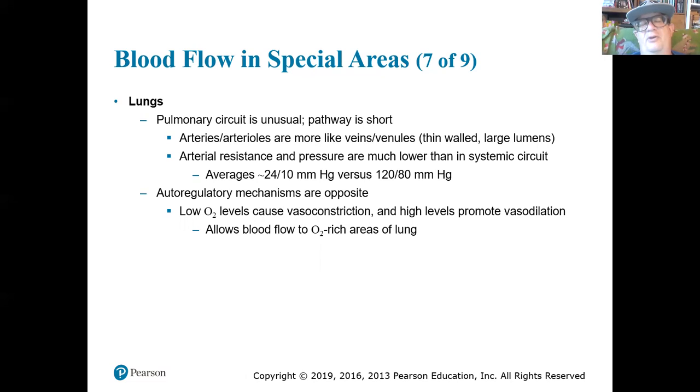Suppose someone's been smoking and they've got a damaged part of their lung, and you have difficulty transferring oxygen across the wall of that part of the lung. You don't want to vasodilate and send all the blood there. If it's low oxygen levels, you don't want blood to go there, so you vasoconstrict.